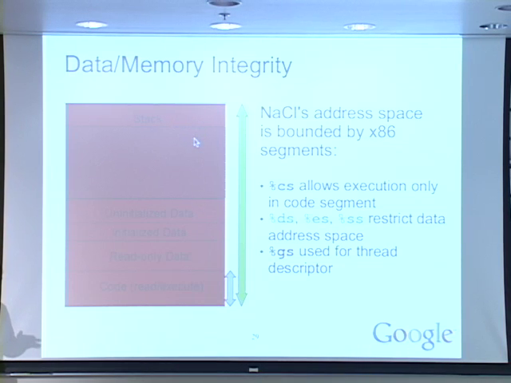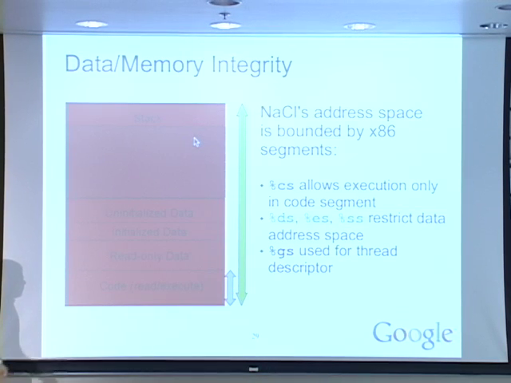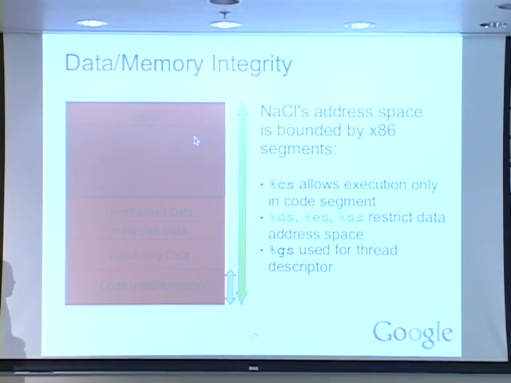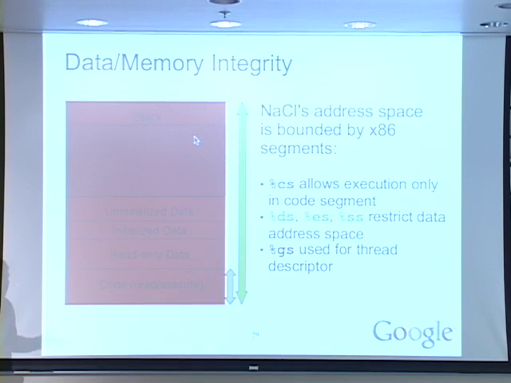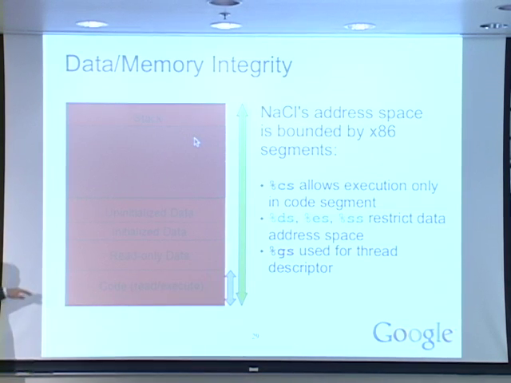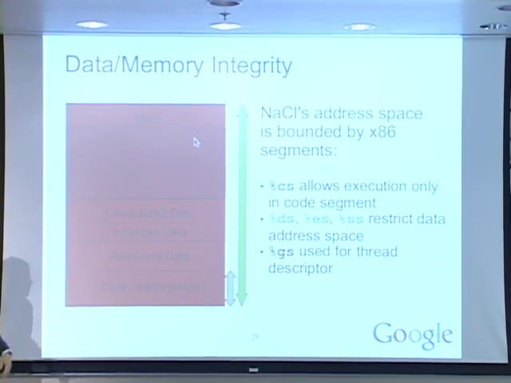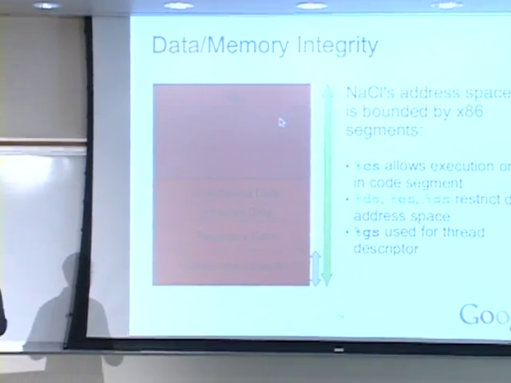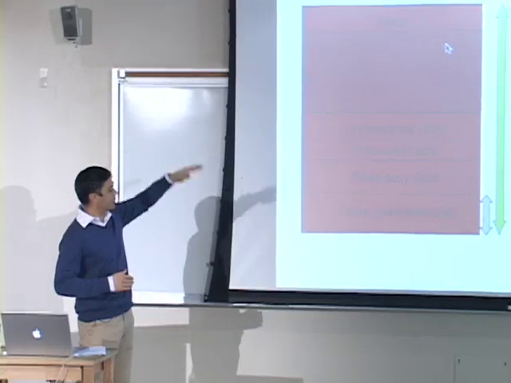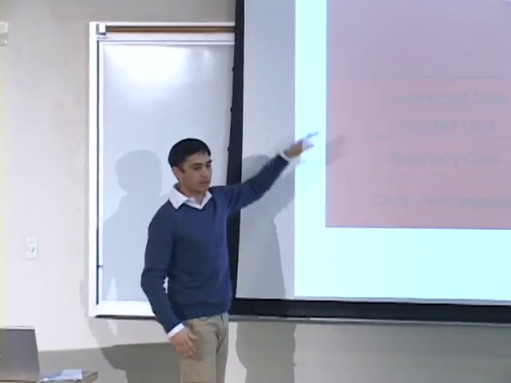So that's one critical part of bounding where control flow can go to within this region that we've inspected very carefully. And then we use the data segment registers to restrict other loads and stores and stack memory references and such. The address space layout is pretty ordinary otherwise, but the key thing is that we've got the segment register protection that's going to bound where loads and stores can go.